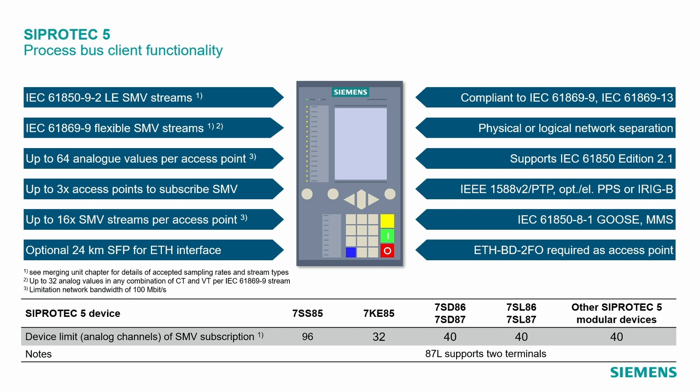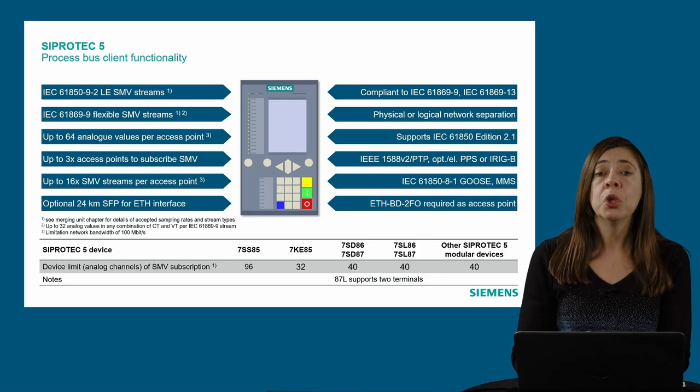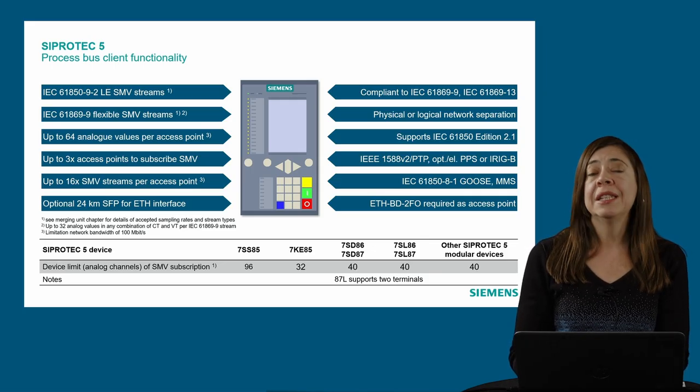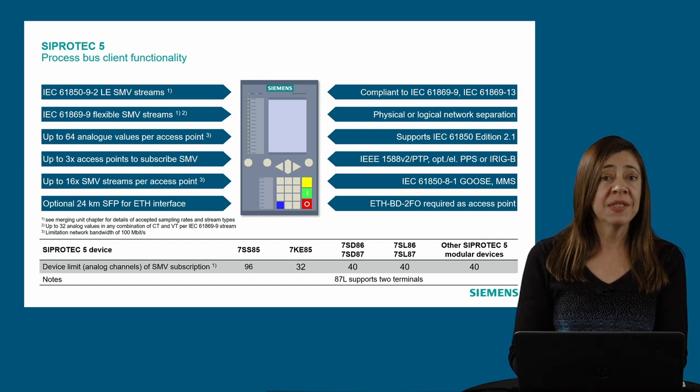Up to 24 kilometers can be covered directly with the communication module. The device is compliant with the IEC 61869, Chapter 9 and 13. There is physical or logical network separation you can use to improve your communication network. The device supports edition 2.1 of the IEC 61850 standard.